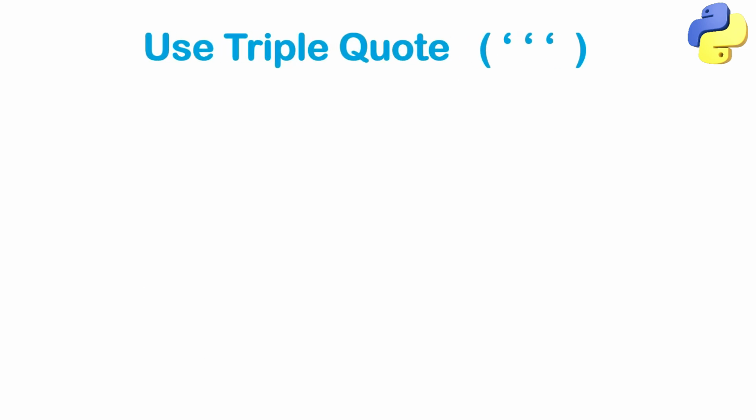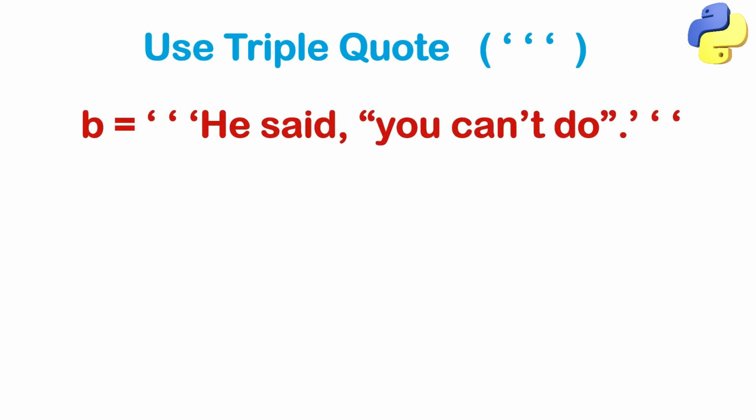So we will run the same example and use triple quotes at the start and end. b = '''he said, "you can't do"''', ending with the triple quote.